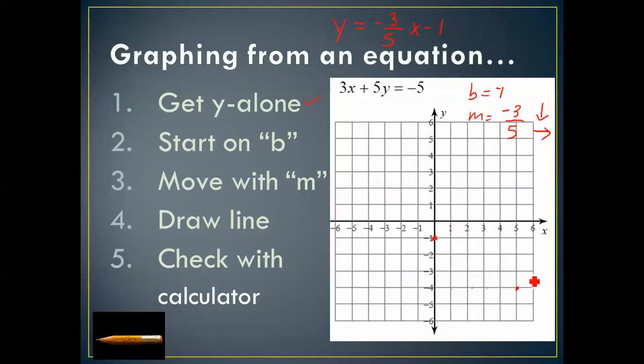Here's my second point, and my line goes through the center of those 2 points. So I would draw the line and it would look something like that, maybe a little bit better. And then I'll check with a calculator. I'll type this into y equals, hit graph, and make sure that my line looks like the line the calculator gives me.